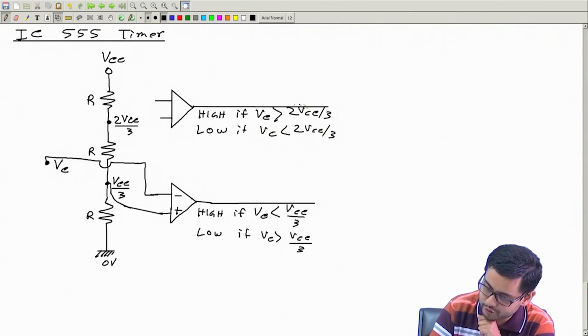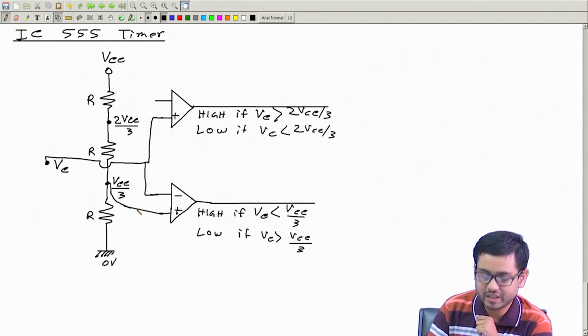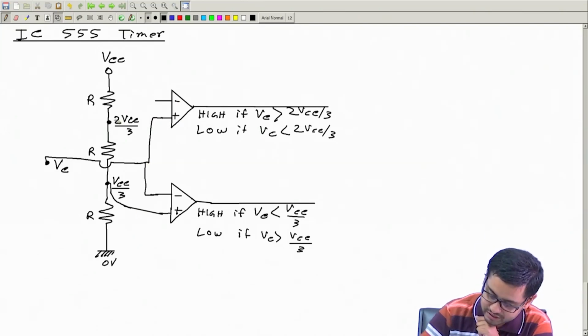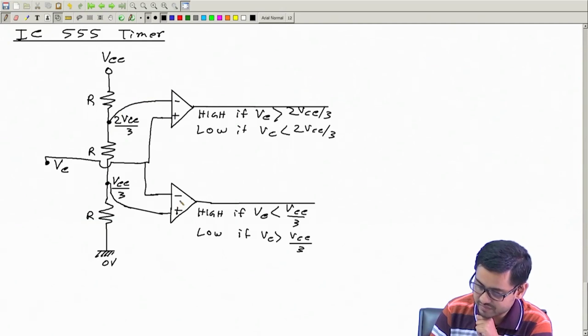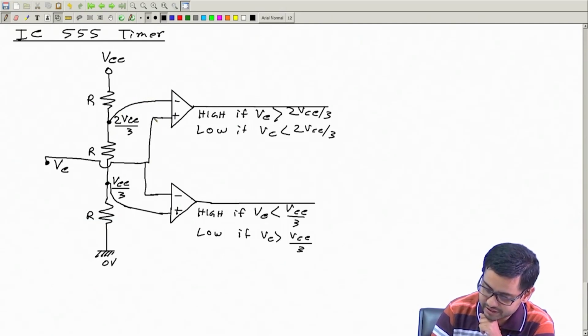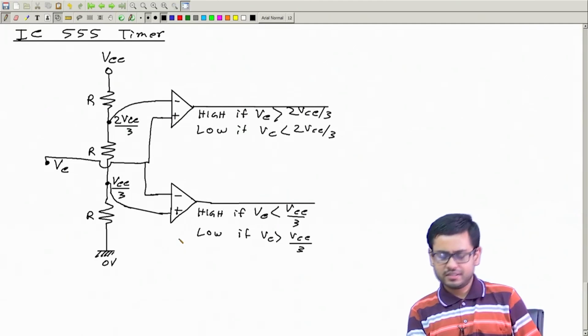So, what I have to do then is connect the plus terminal to VC and the minus terminal here. So, if VC goes high, then the output will be high, right.